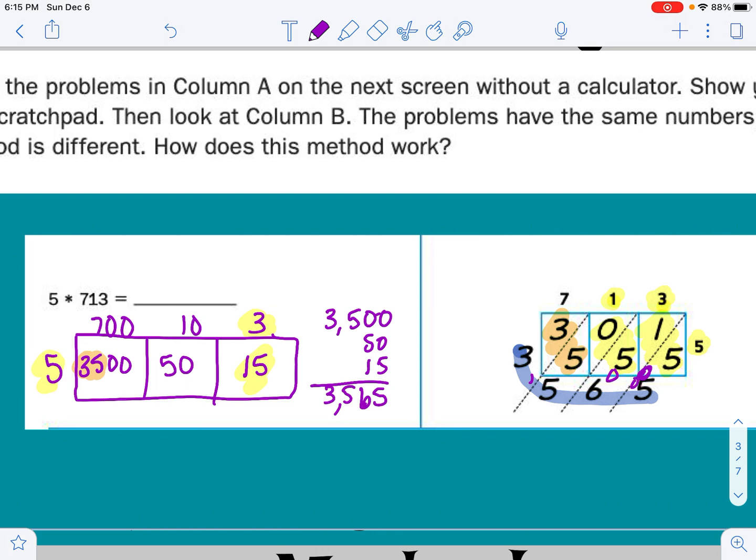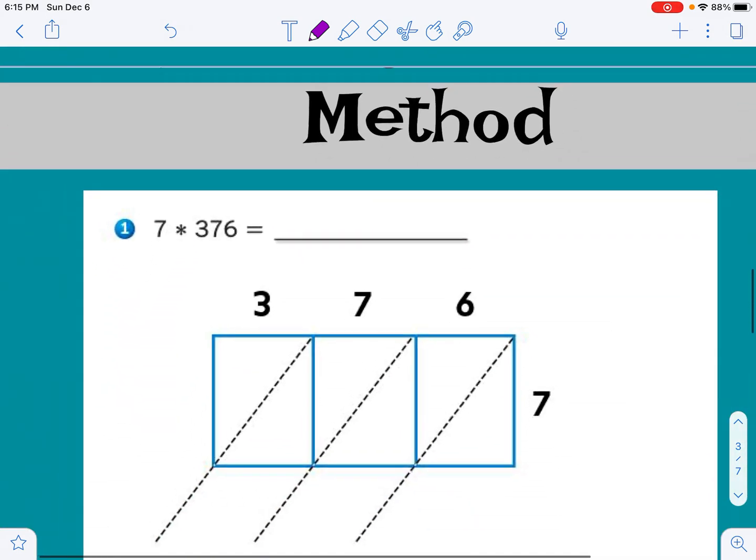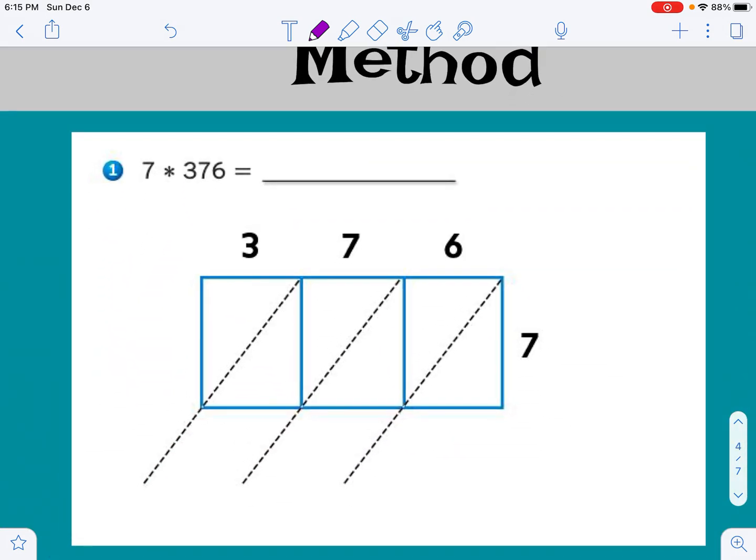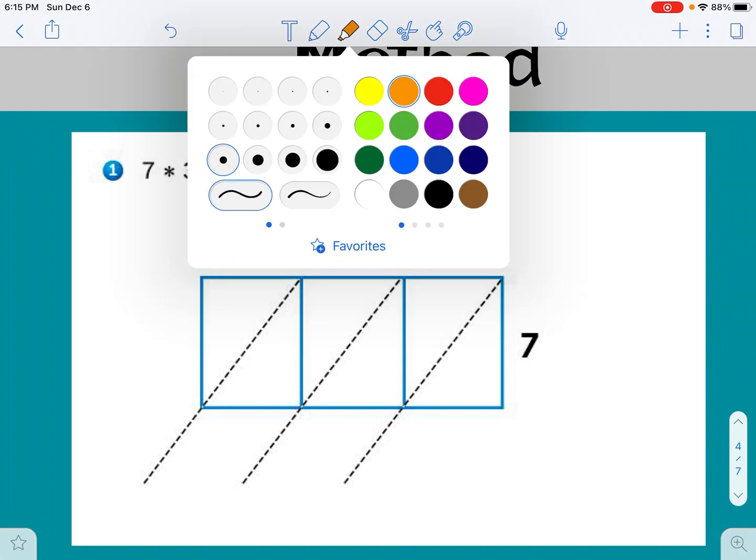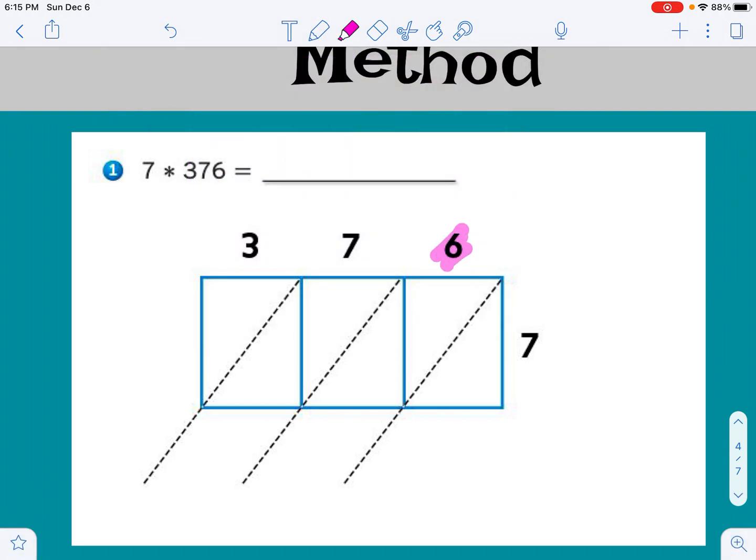Because it pushes it over to those other places, it pushes it into the right spot, these lattice boxes that we're using here. Okay, let me show you how you use those lattice boxes. So when we're doing 7 times 376, I'm going to do 6 times 7 and write in the box 42.